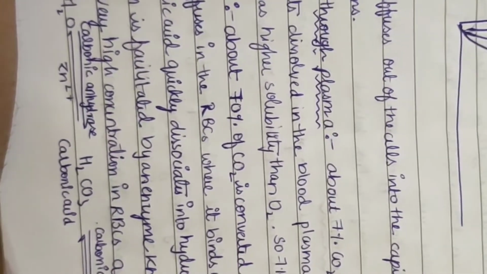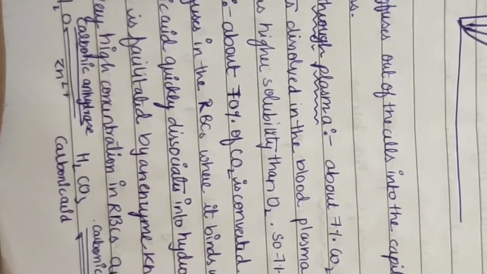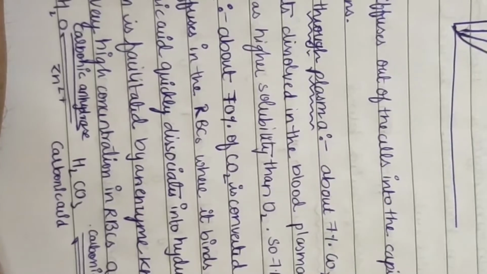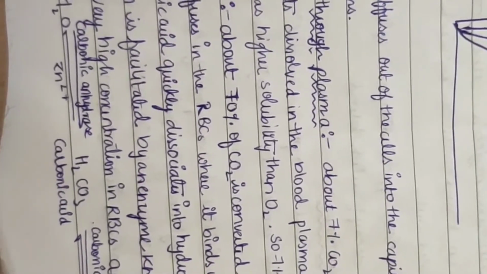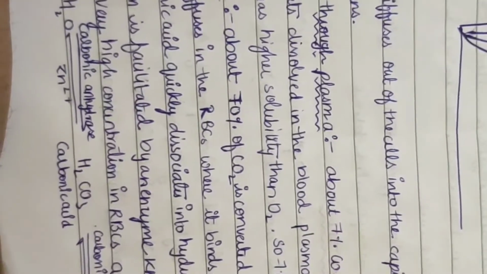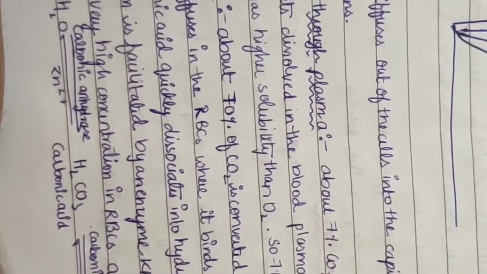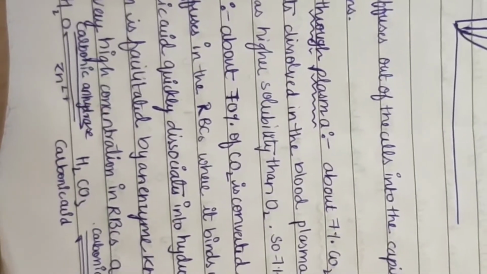Then as bicarbonate ion, about 70% of CO2 is converted into HCO3 minus and transported in plasma. CO2 diffuses into the RBC where it combines with water forming carbonic acid H2CO3, and carbonic acid quickly dissociates into hydrogen and HCO3 minus ions.